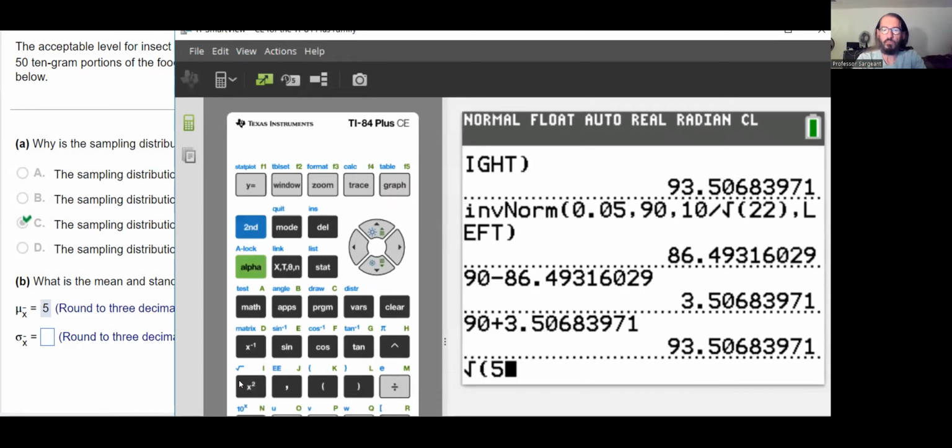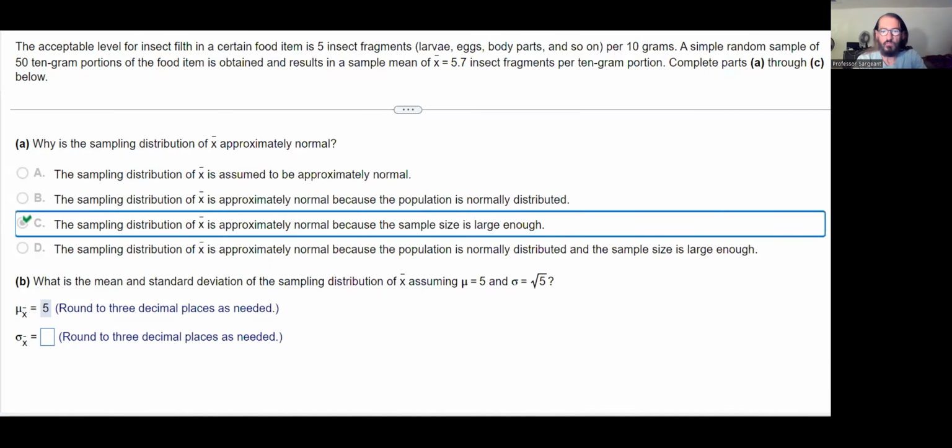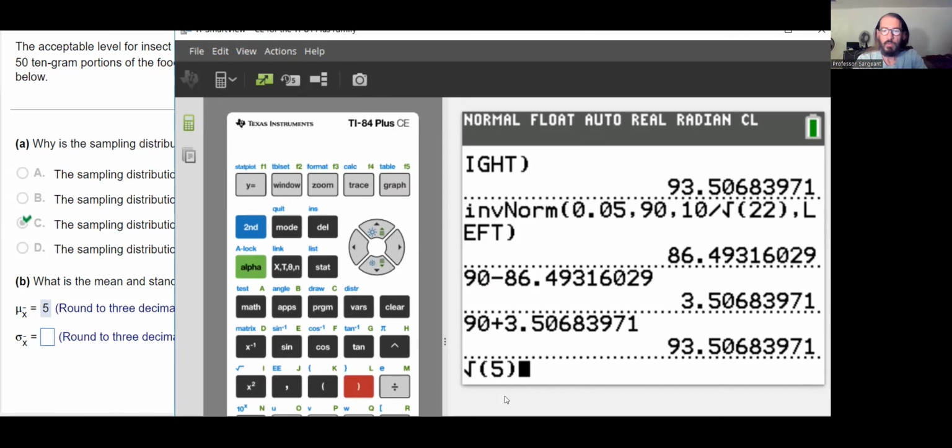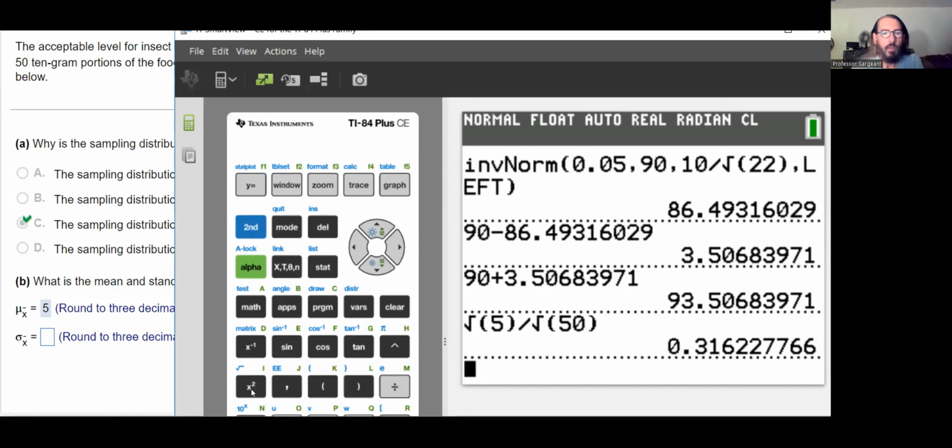So square root of 5 was the standard deviation for the population. And we're not dividing by 50, but by the square root of 50. And they want that rounded to 3 places. The thousandths place, that's going to be 0.316.